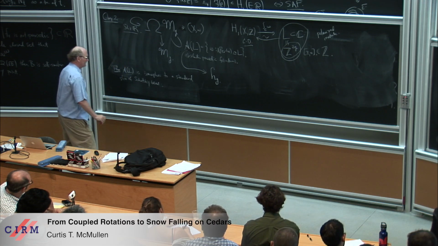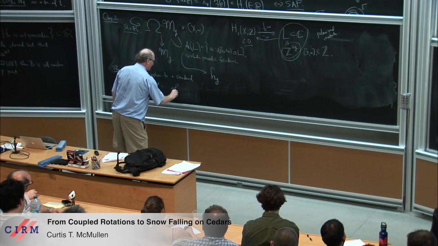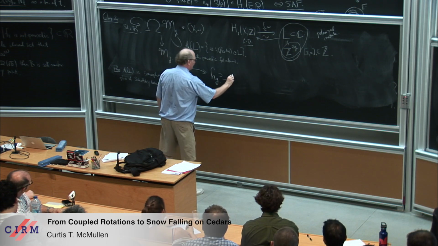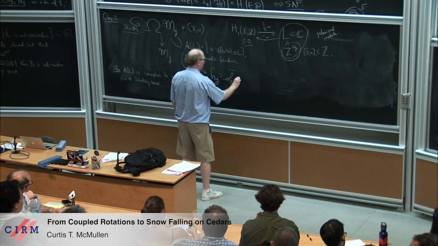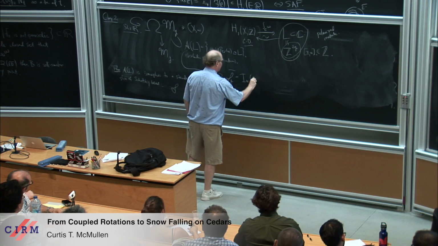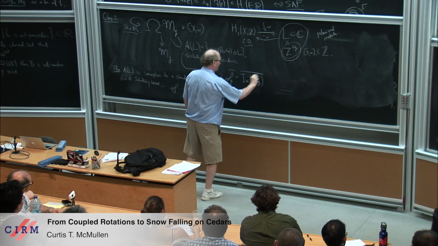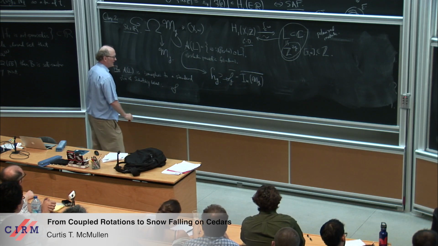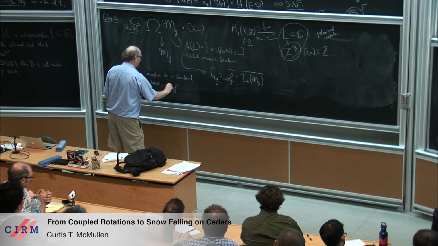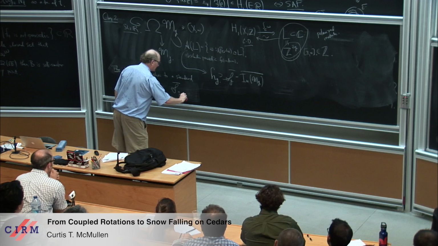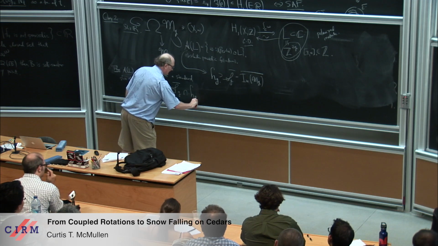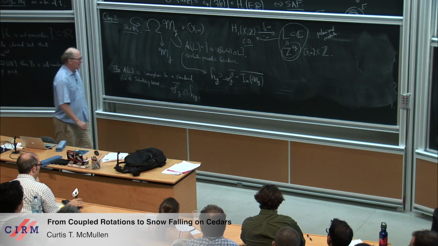That means there's a locus sitting inside of H_g, which consists of the Jacobians of Riemann surfaces, so it's the image of M_g bar. I call that the Schottky locus, and A_L is simply the intersection of this locus with a standardly embedded copy of the Siegel upper half space of one lower dimension.